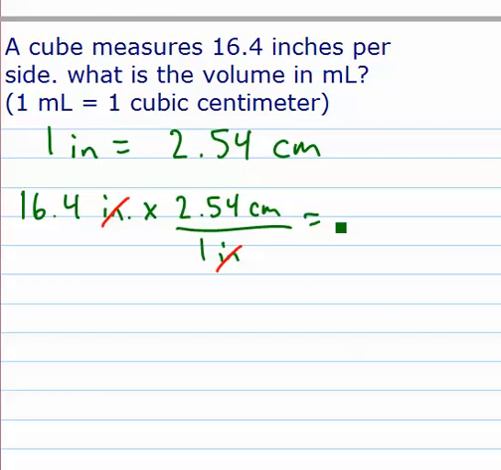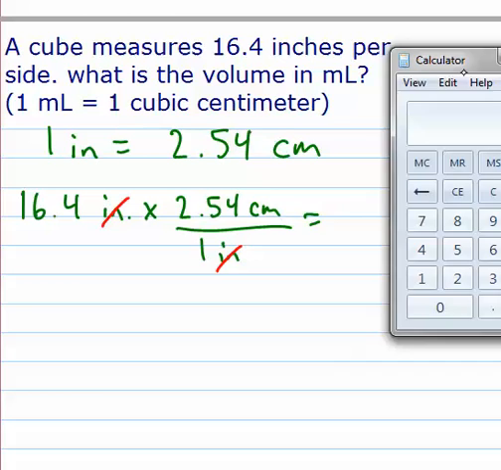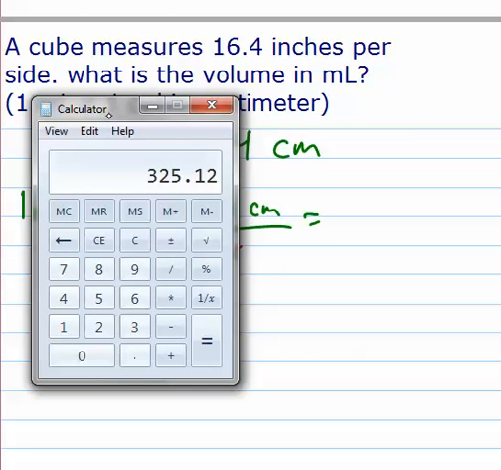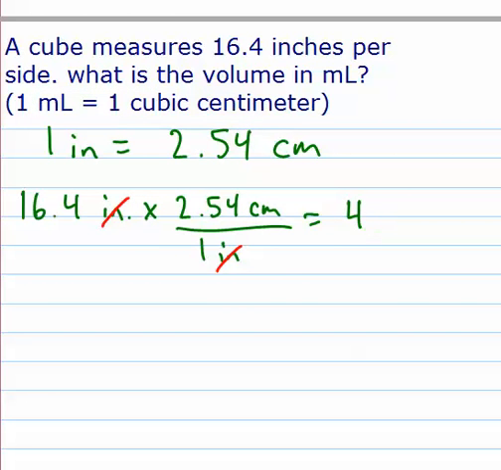And then we are going to use our calculator here. 16.4, in this case multiplying times 2.54 tells us that this is 41.656. We will round that to 3 sig figs, so we will call this 41.7 centimeters. And now when we're multiplying this with our calculator, we are going to simply cube this value.